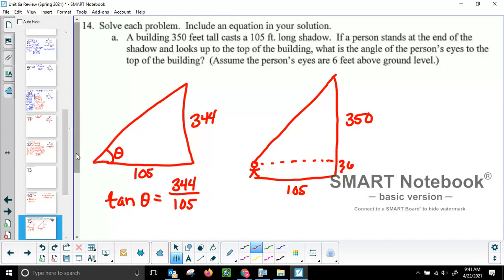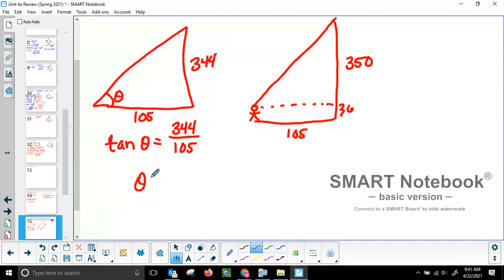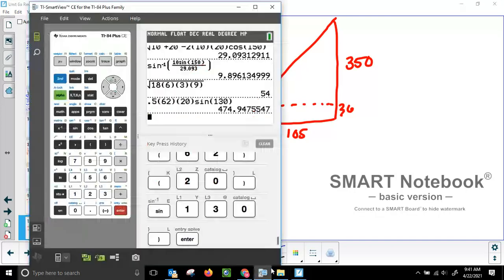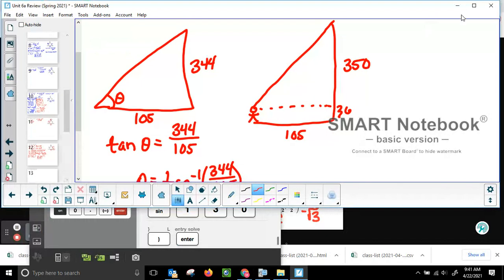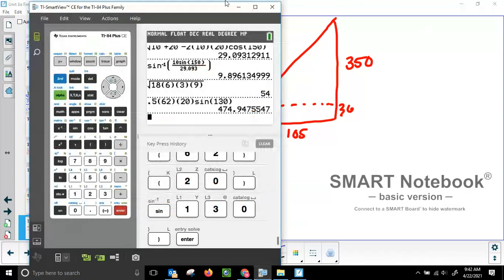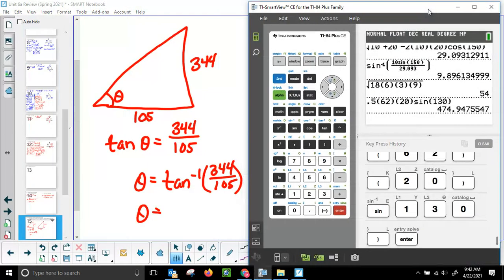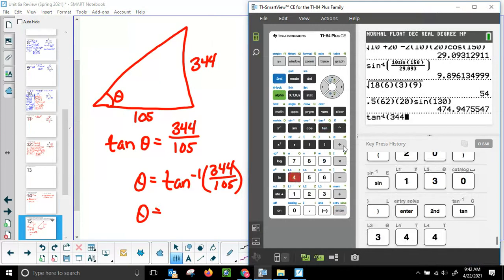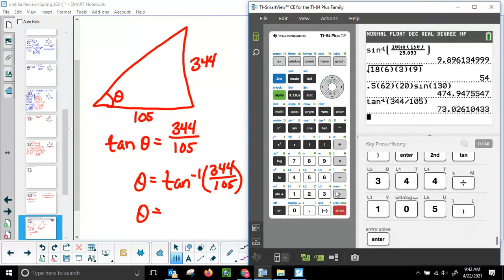Inverse. So we take the inverse of both sides. We plug that into our handy dandy calculator. So we do our inverse tangent of 344 over 105, 73.0 degrees.